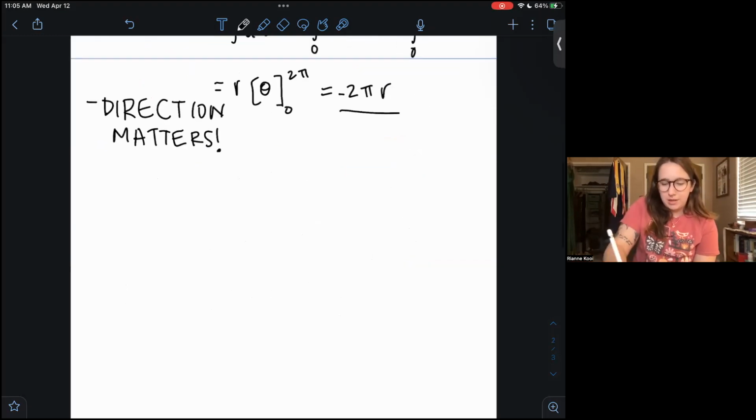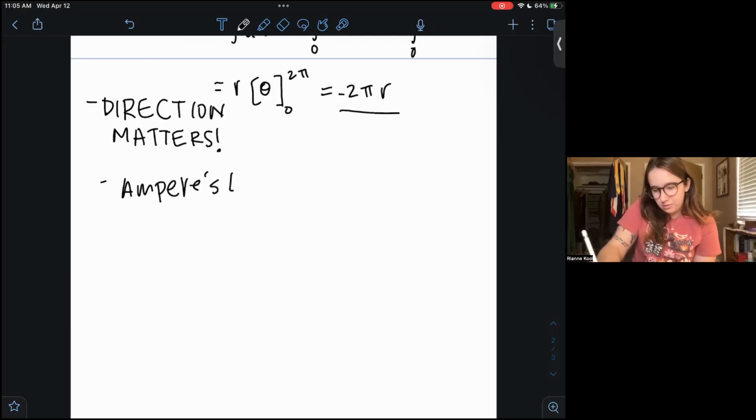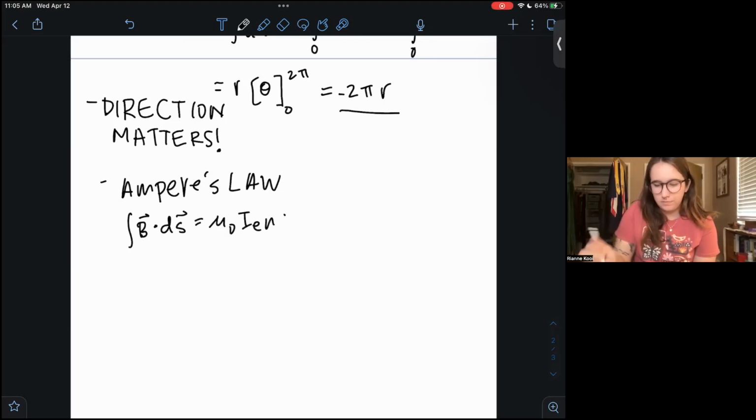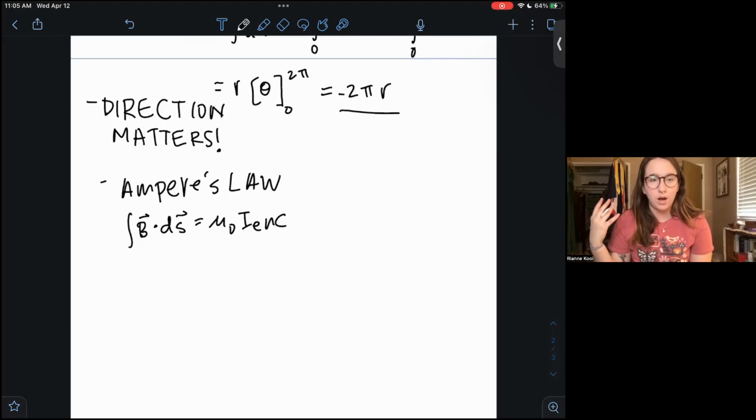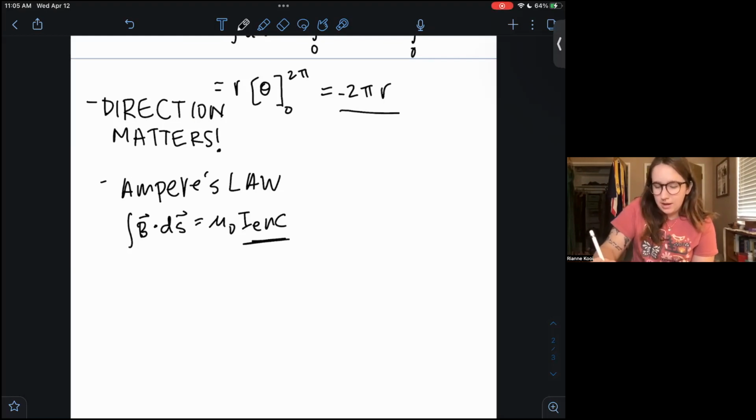You're going to be seeing line integrals in Ampere's law, which basically says that the line integral for some magnetic field B dot ds is equal to mu naught I enclosed. This I enclosed is talking about an Amperian loop.